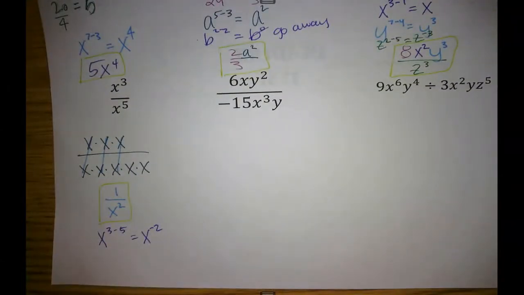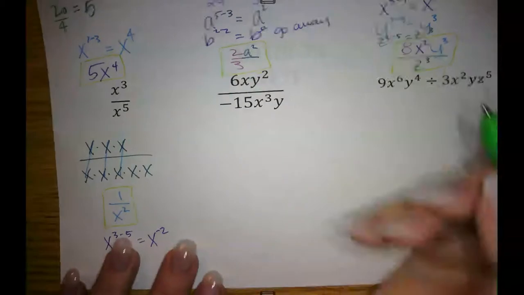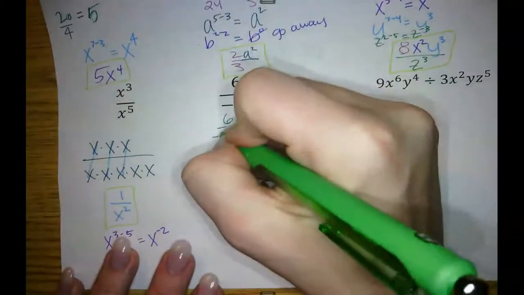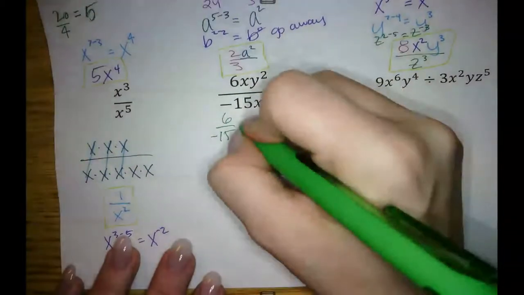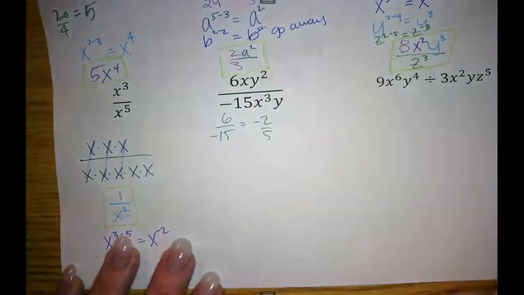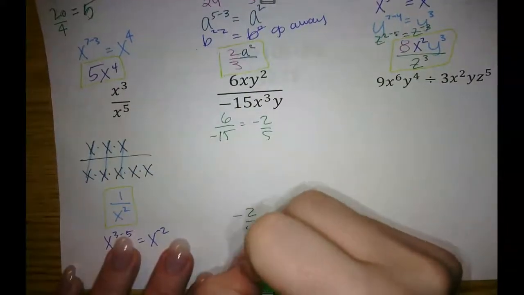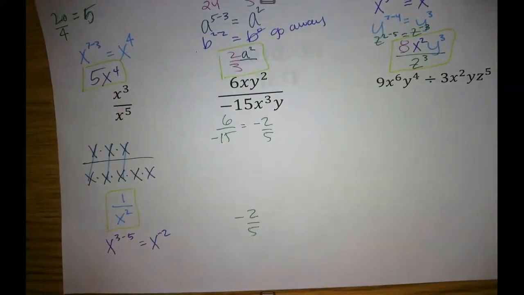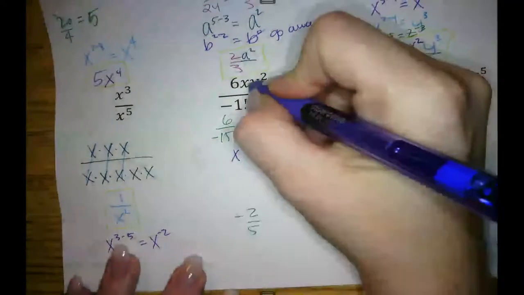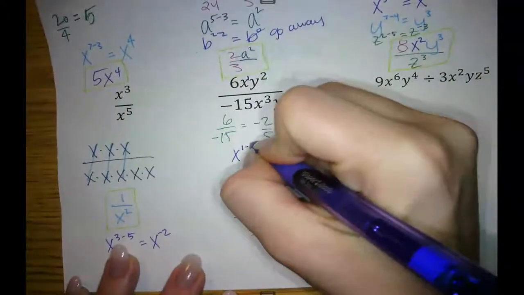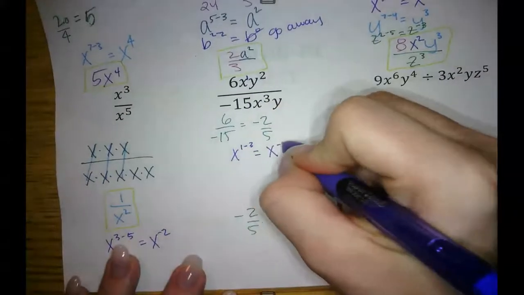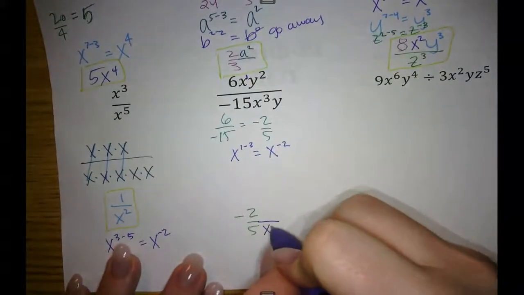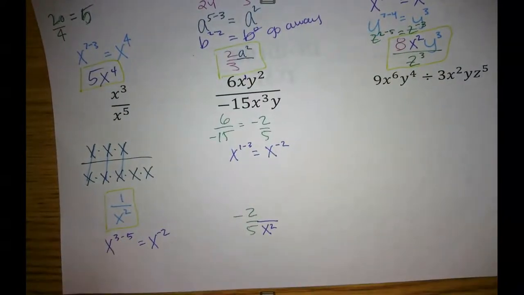All right, this example, we've got 6 divided by negative 15. That leaves me with a fraction of negative 2/5. And then we've got x, 1 minus 3. So that's x to the negative 2. So then I've got x squared on the bottom.